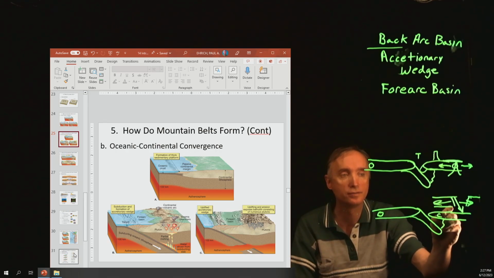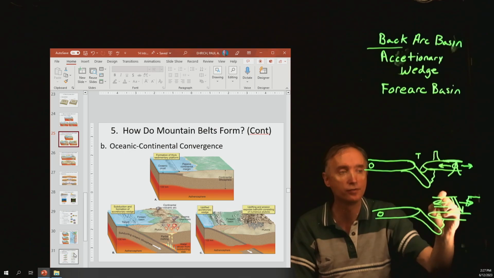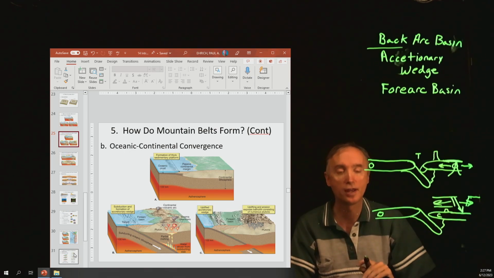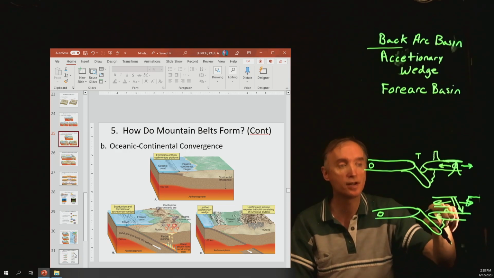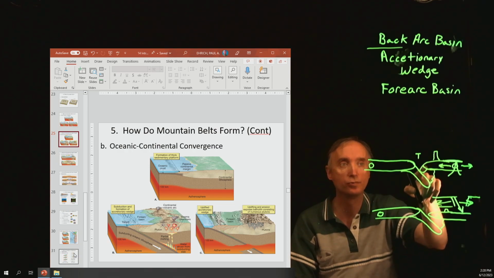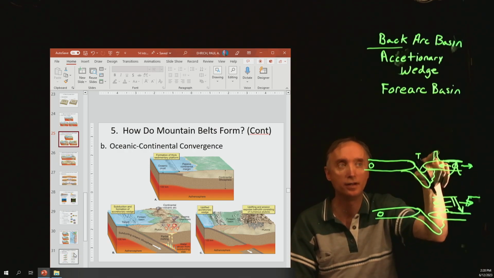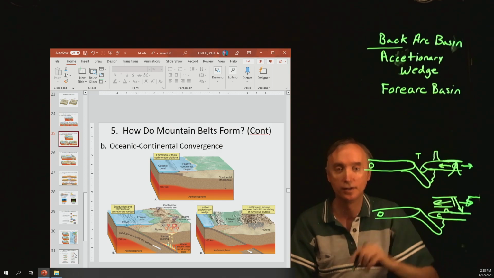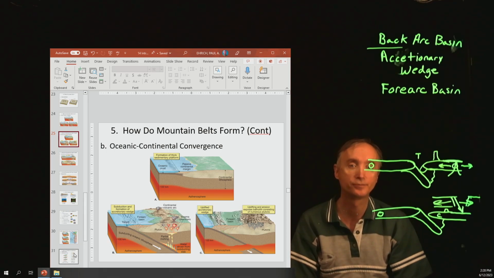It's going to melt. This material is going to come up to the surface. It's going to form a volcanic system, but this time it's going to be volcanic mountains as a result of it. An example of the previous case would be the islands of Japan. An example of this one would be like the Rocky Mountains in the United States.